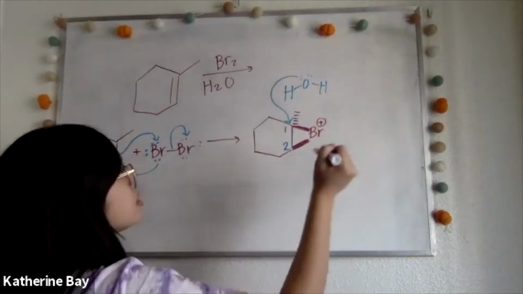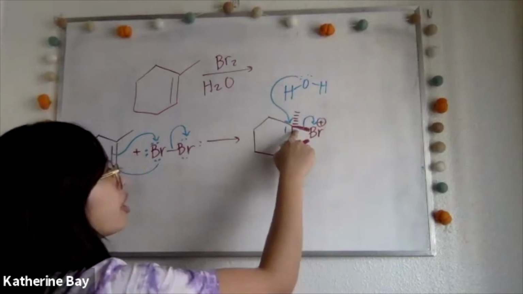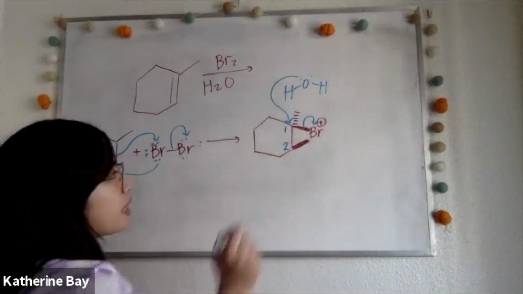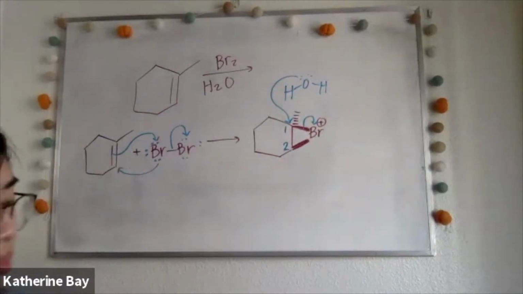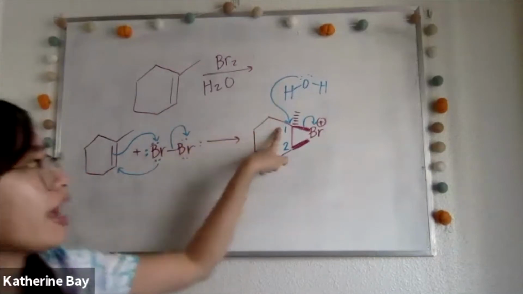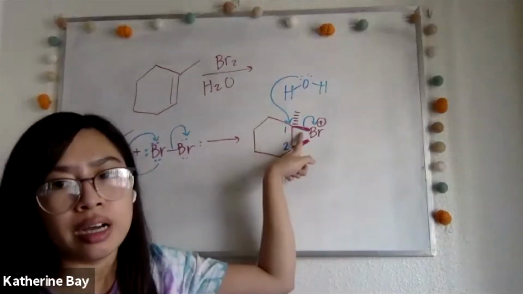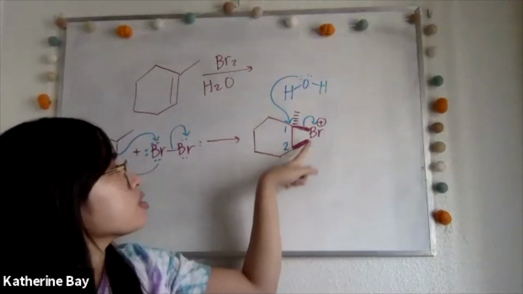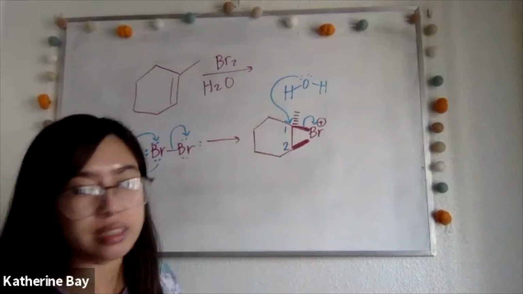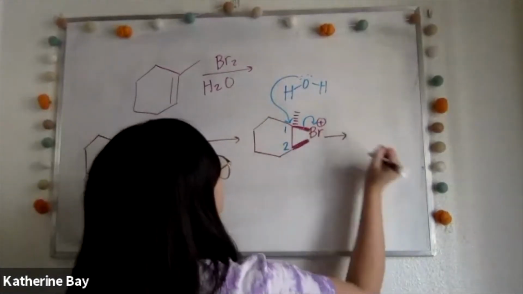So when it attacks C1, the bromonium ion is going to open up. So this wedged bond is going to form a new lone pair on Br. And when water attacks C1, it will attach as the opposite bond type of the bromonium ion. So because Br is currently drawn as wedged bonds, when water attaches to C1, it will attach as a dashed bond.